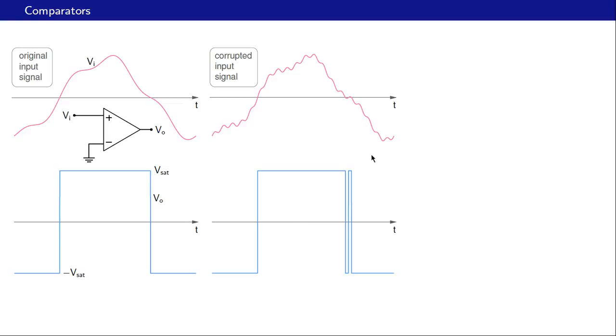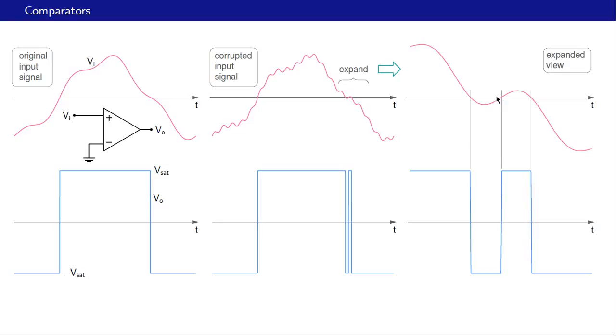And because of that, instead of one transition that we expect from plus Vsat to minus Vsat, we might have multiple transitions as shown here. And let us expand this part to get a clearer picture of this situation. So this is our input signal, and instead of crossing 0 only once, as in this case, it is crossing it here and then here and then here again.